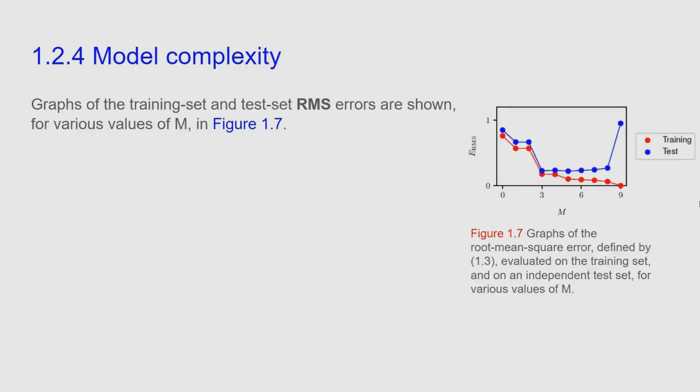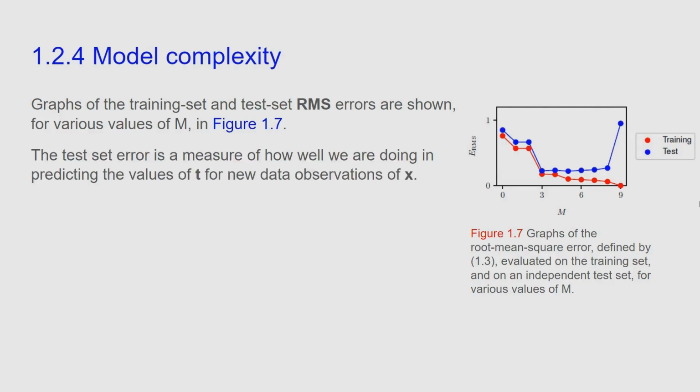Graphs of the training set and test set RMS errors are shown for various values of M in Figure 1.7. The test set error is a measure of how well we are doing in predicting the values of t for new data observations of x.